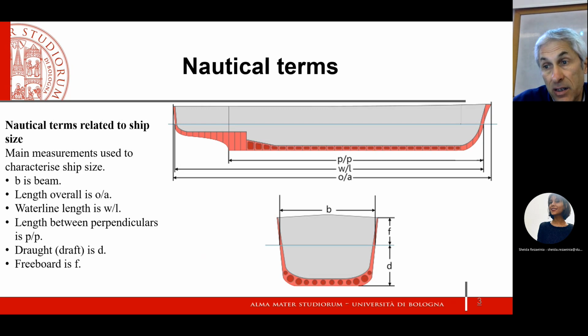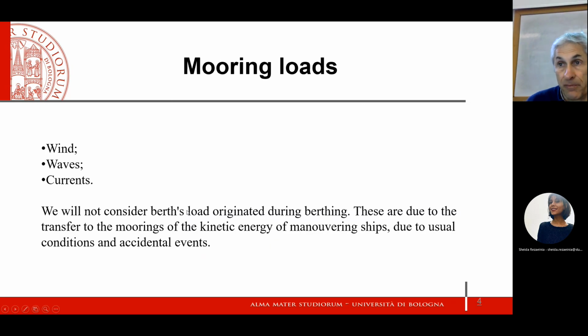And there is also the freeboard F. So just learn these terms because they are recurring in our discussion, and we will see other nautical terms. You can find them in the glossary of nautical terms, which I mentioned just a few minutes ago.